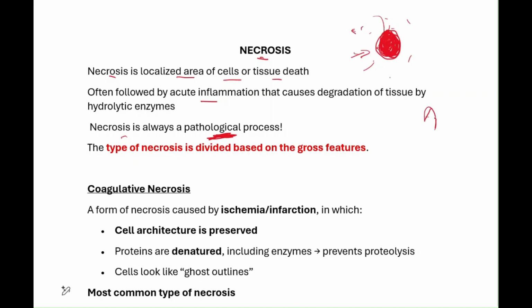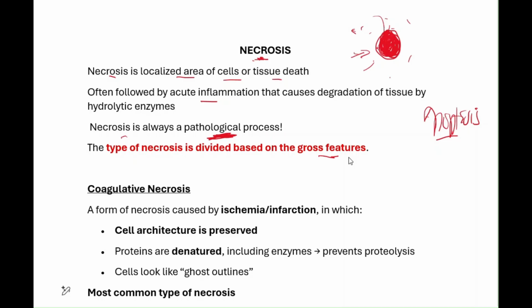The one thing I must mention is necrosis is always a pathologic process, never physiologic, as opposed to apoptosis, which could be pathologic or physiologic. When we look at different types of necrosis, they are named based on the gross appearance. For instance, if you see cells with preserved architecture, although all the cells inside those tissues are dead, we're going to call it coagulative necrosis.